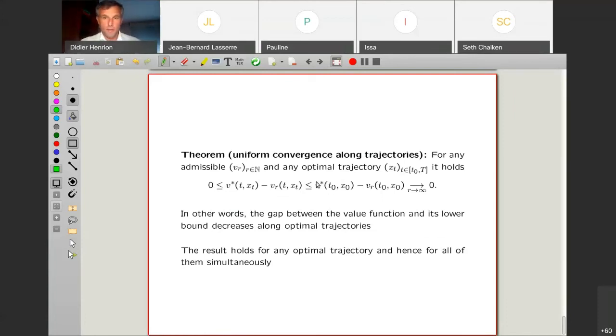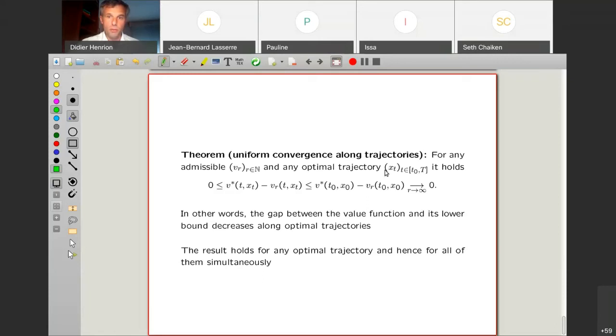Not only does the difference between the value function and its approximation, say using polynomials, go to 0 when R, the relaxation order, tends to infinity, but the gap between the actual value and the approximation gets smaller when I integrate the trajectory with respect to time.